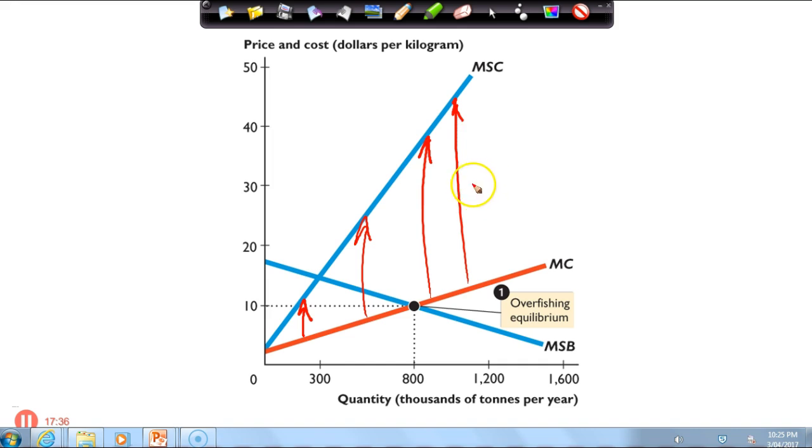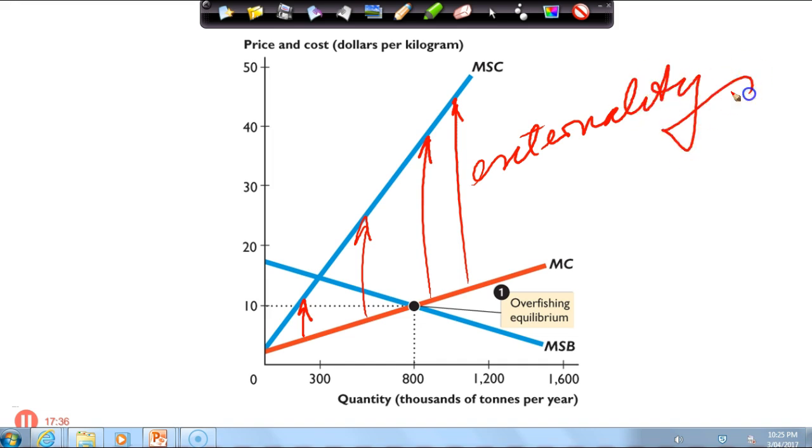This is the externality, the external cost borne by others. It adds on top of that to give us the marginal social cost.